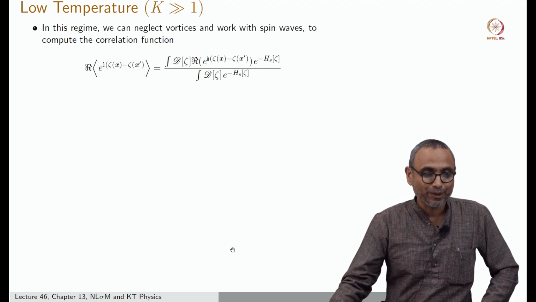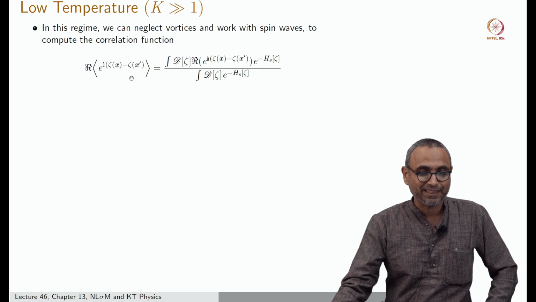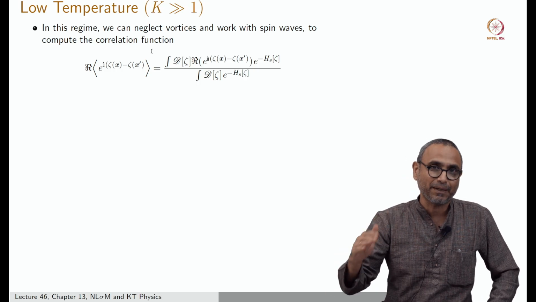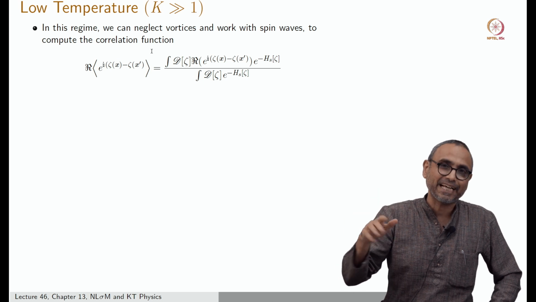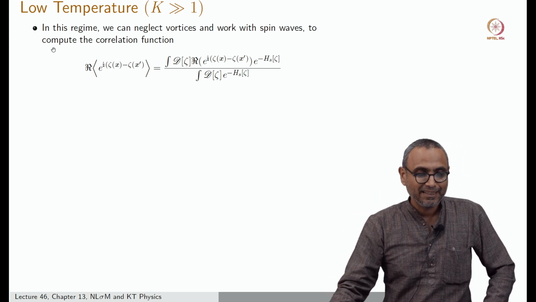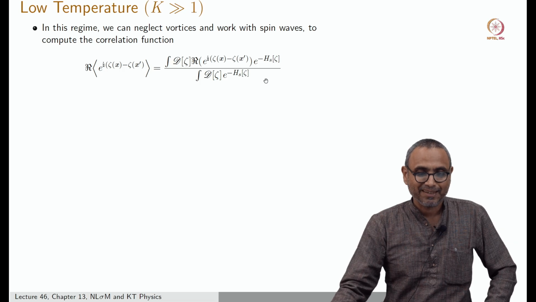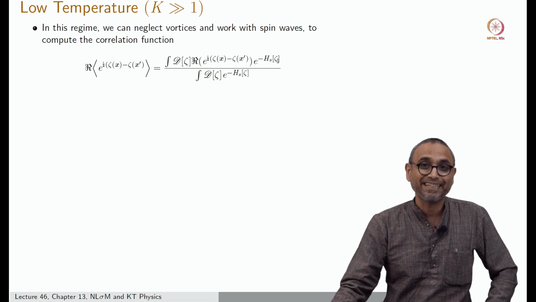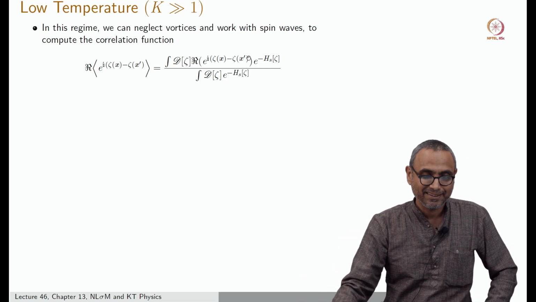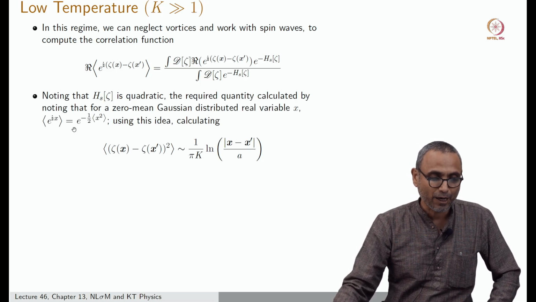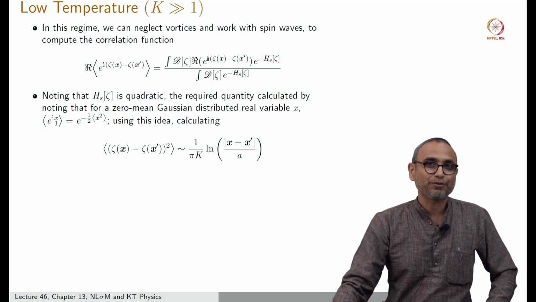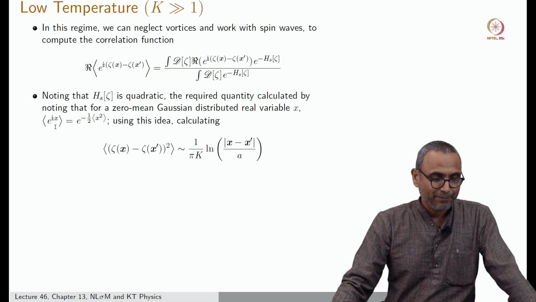And so what I can do is I can try to find this correlation function, which is now just the zeta part, because remember the u is gradient of zeta, so zeta can be thought of as the angle itself. So I have to compute this, and remember h spin wave of zeta is like a Gaussian. So this is like finding the expectation value of a Gaussian distributed variable, and there is a beautiful theorem you can easily prove.